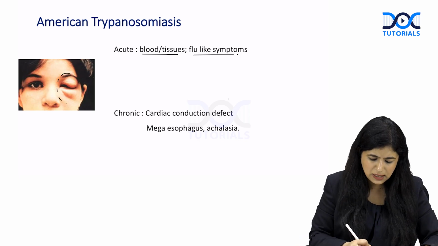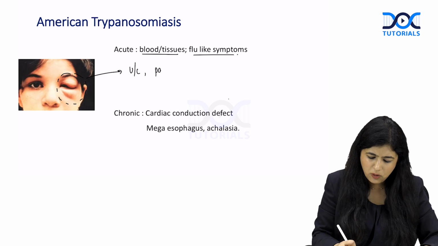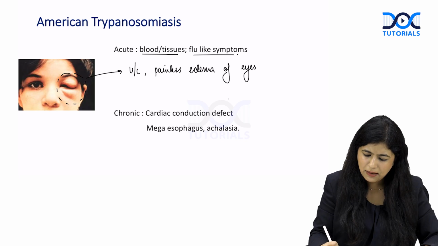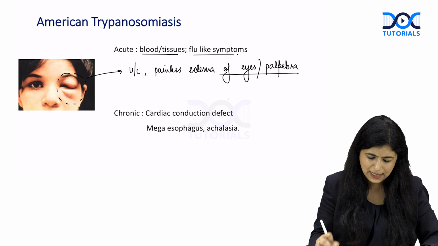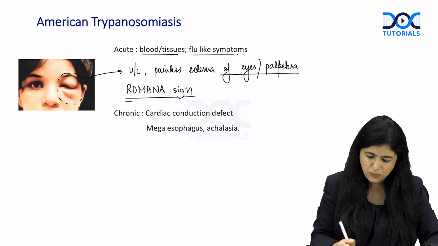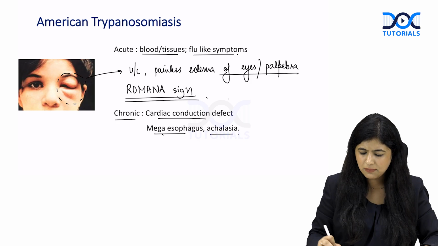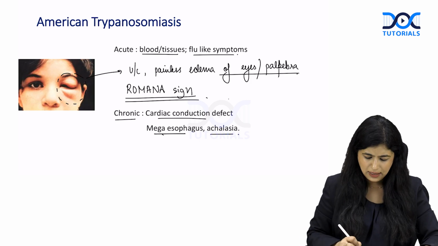Here we also see a unilateral painless edema of the eyes and the palpebrae. So in the periorbital area, you see edema. This is called the Romana sign. While in the chronic phase, we have cardiac conduction defects, megaesophagus, and the patient can also present with achalasia.